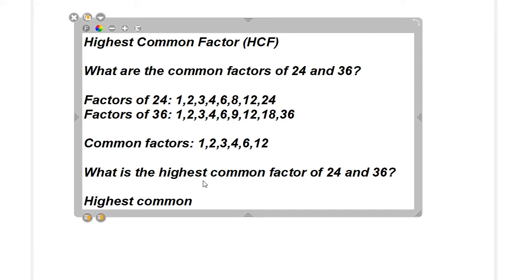The highest common factor, or you can also say the HCF, highest common factor.